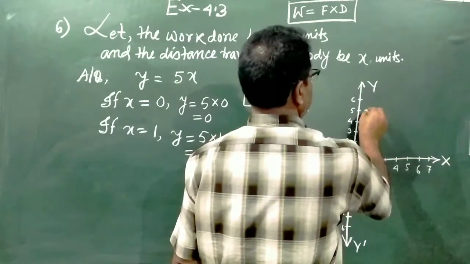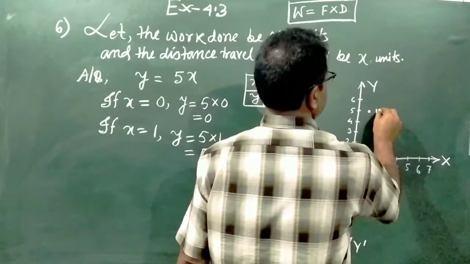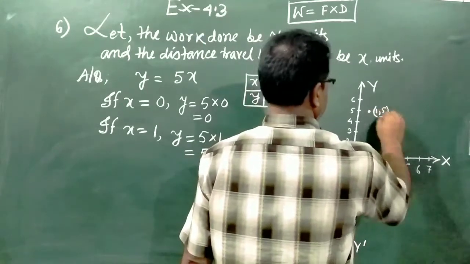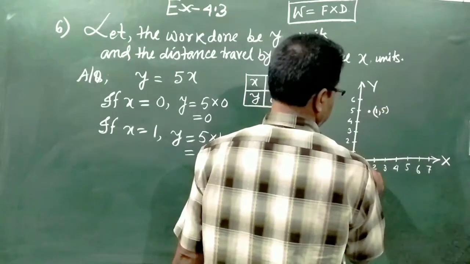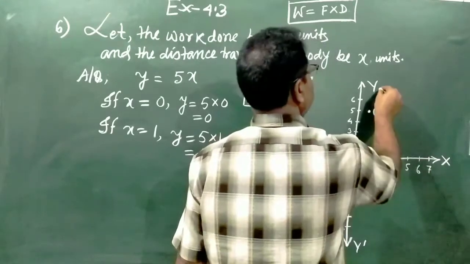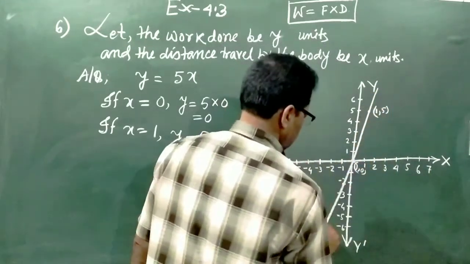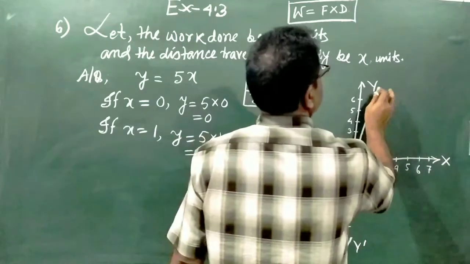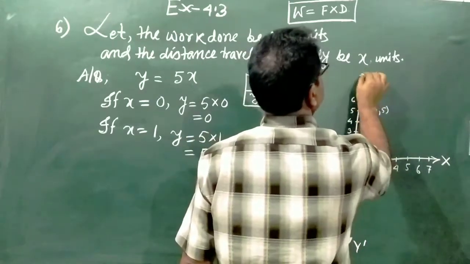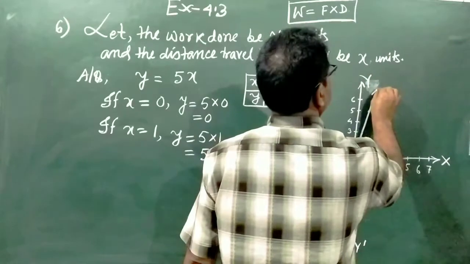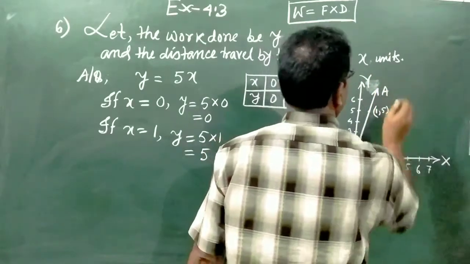It is here. So this is 1 and 5. And this is 0, 0. These 2 points are to be joined with the help of your scale. Name that straight line as AB.